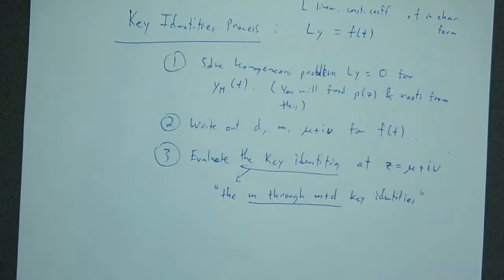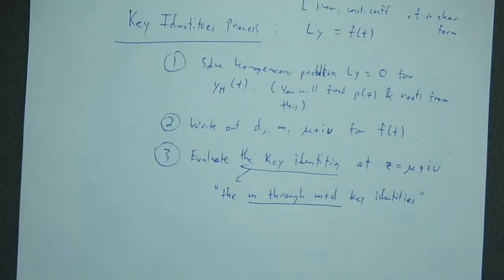So recall how the terms in undetermined coefficients, the polynomial terms, counted down from degree m plus d to m. The key identities that you use are going to be m through m plus d of those.